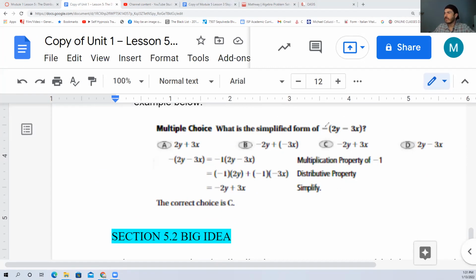I think about it in terms of a -1. Okay. So now I'm distributing my -1 in there. Oh, look, they did that. Multiplication property of -1. -1 times positive 2y is -2y, because a negative times a positive is a negative. And -1 times a -3x is a positive 3x.